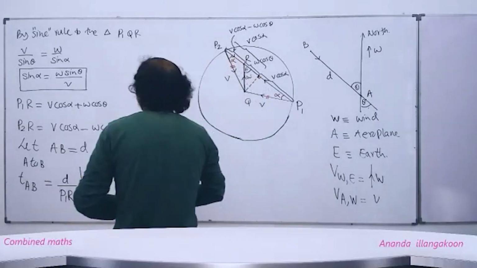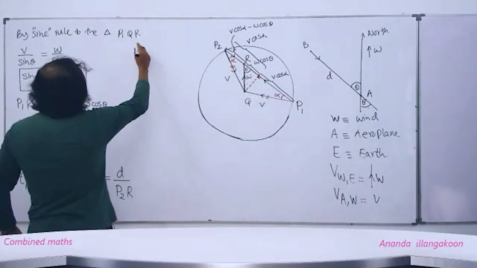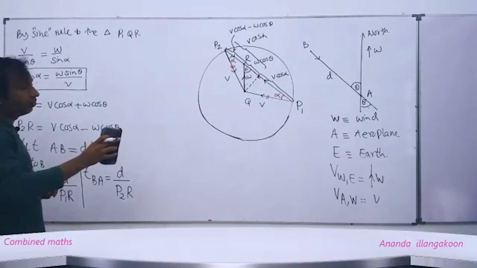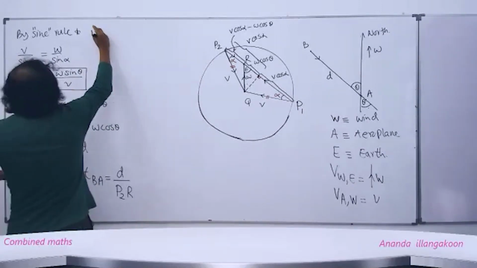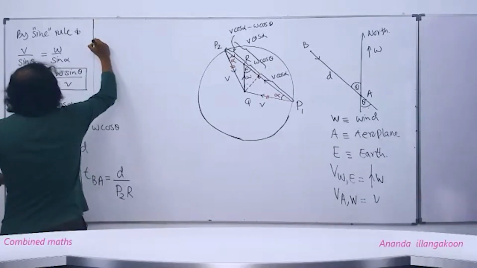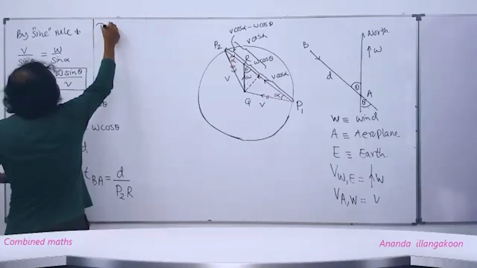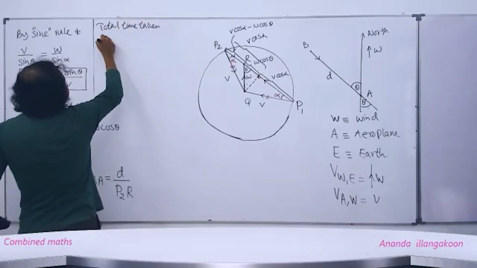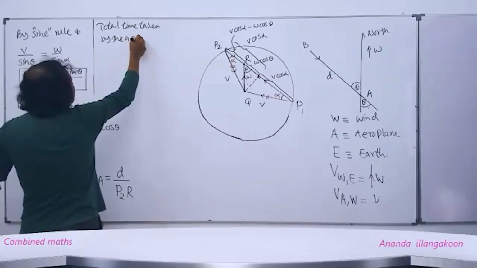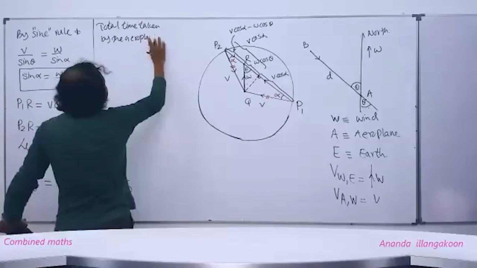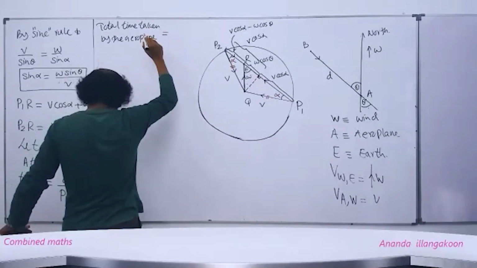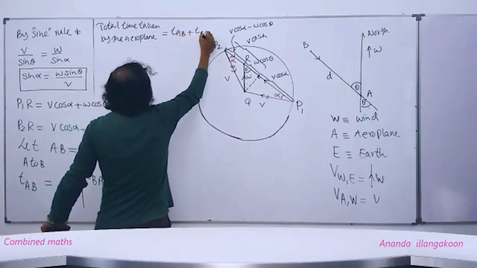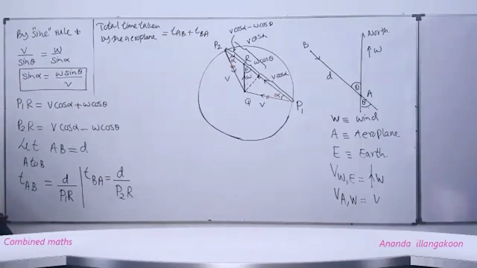Now you can write the total time taken by the aeroplane to come back to the city A. Total time taken by the aeroplane equals TAB plus TBA.